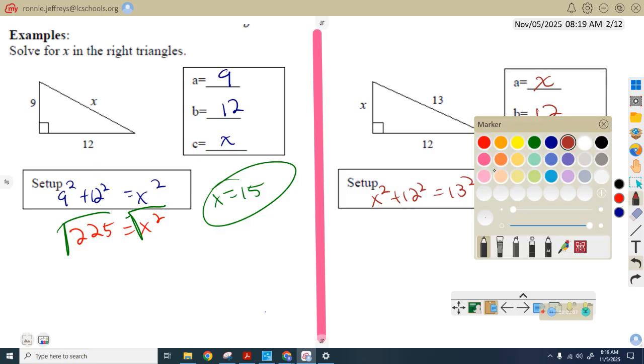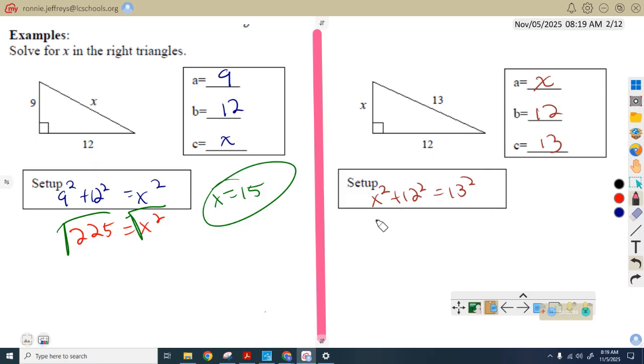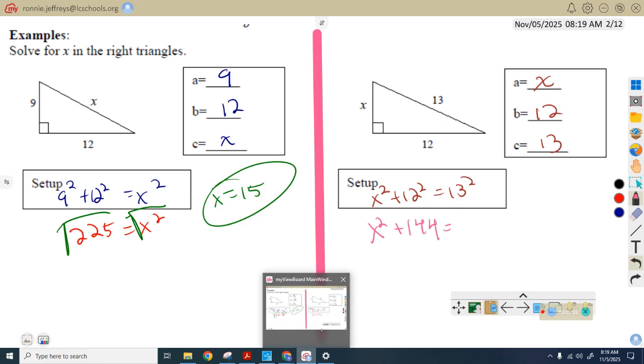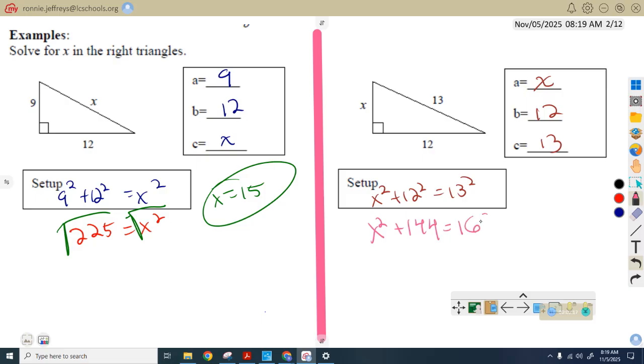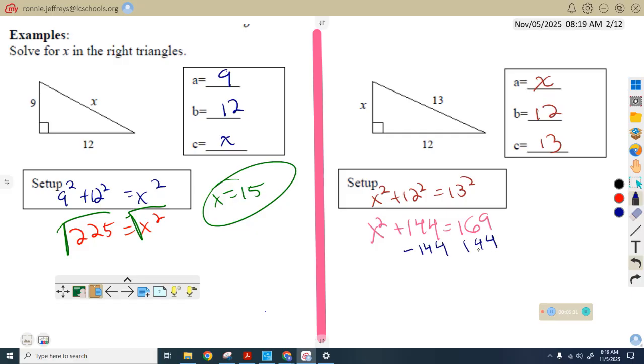Plug it in: x squared plus 144 equals 169. Now we're going to subtract 144 from both sides. So we get x squared equals, well, I don't know what that is.